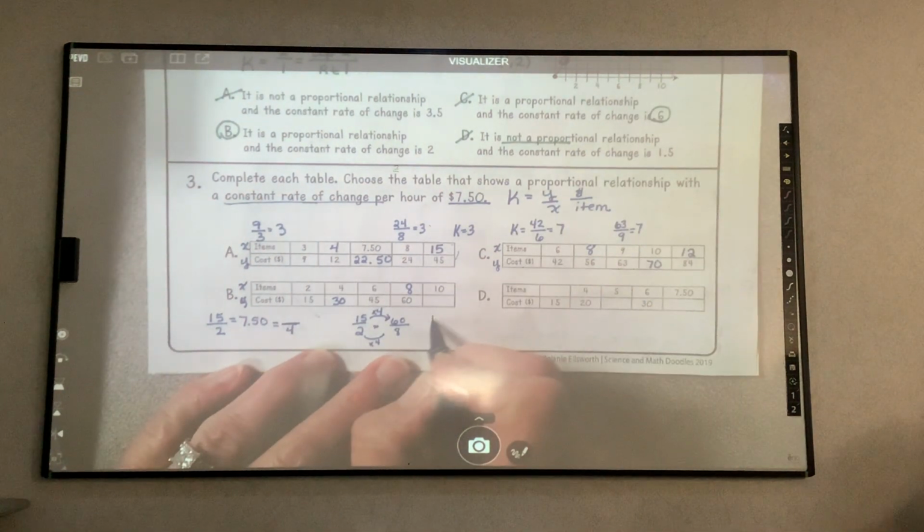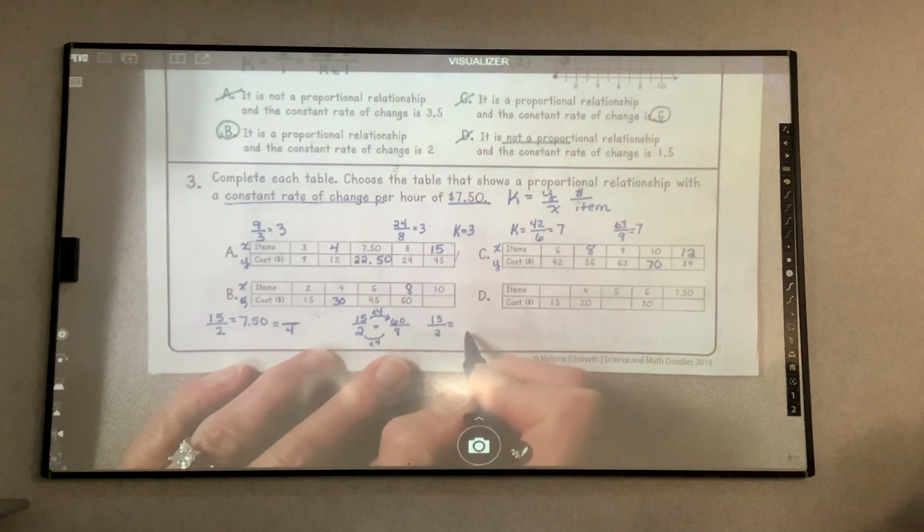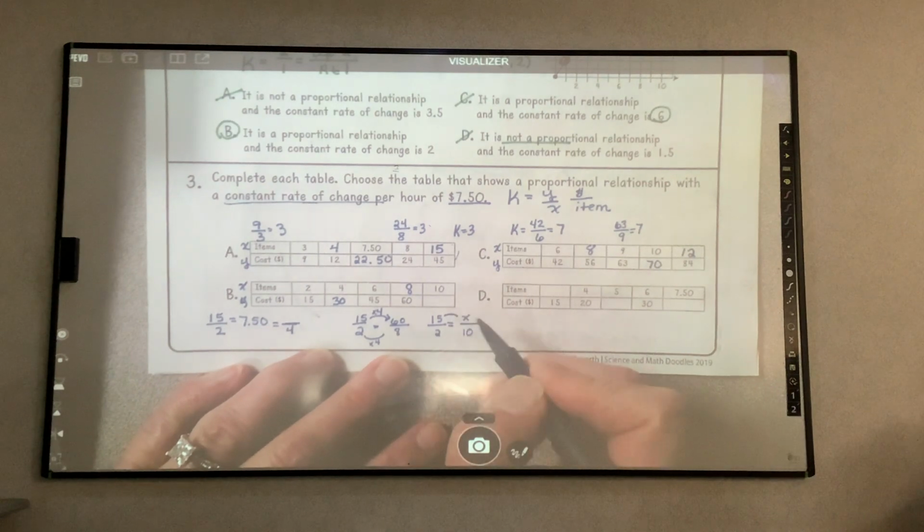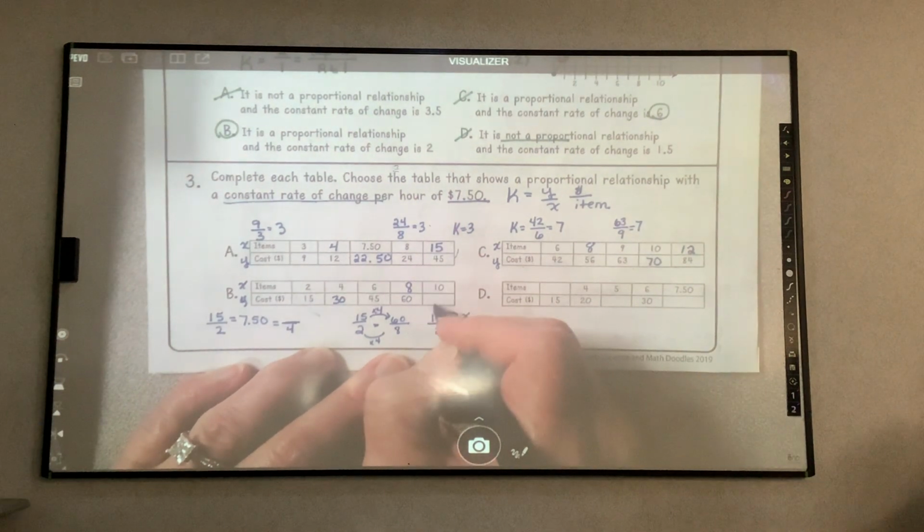Now if I have 15 over 2 equals x over 10, how do I get from 2 to 10? Times 5. So what do I do with the 15? Times 5. What's 15 times 5? 75.